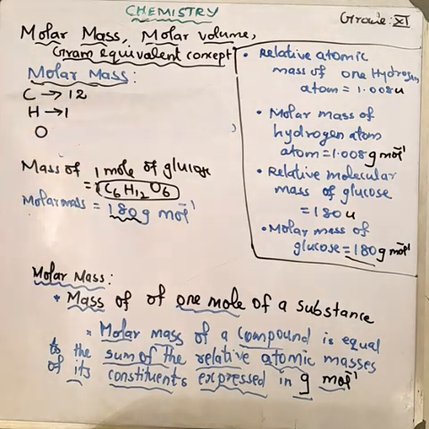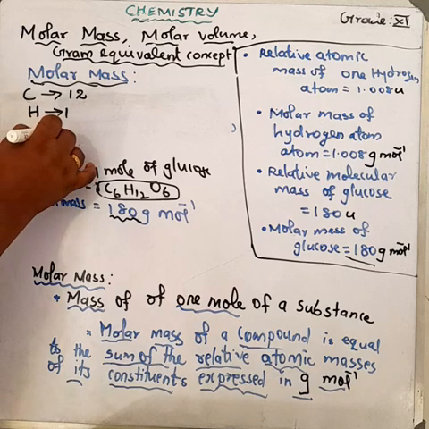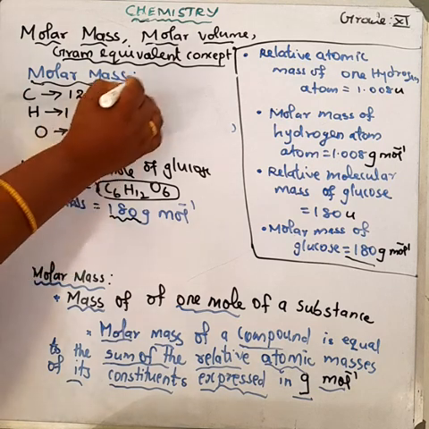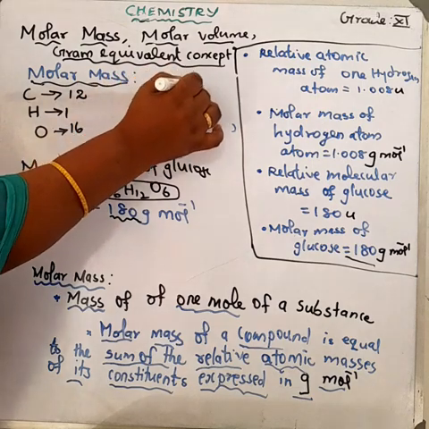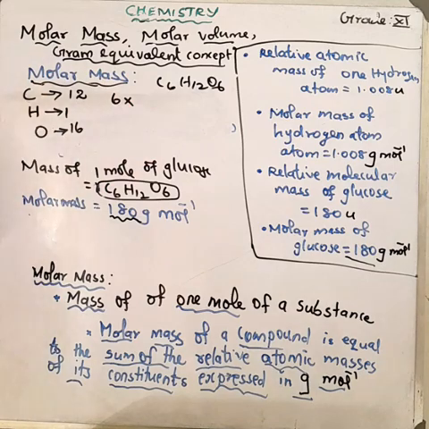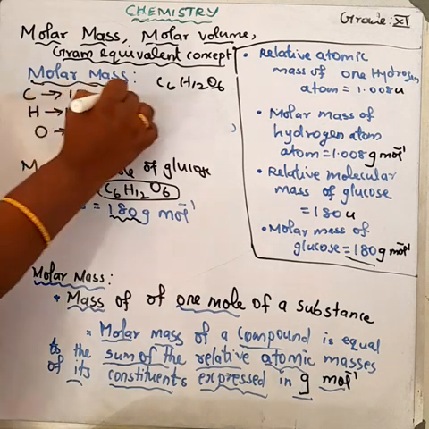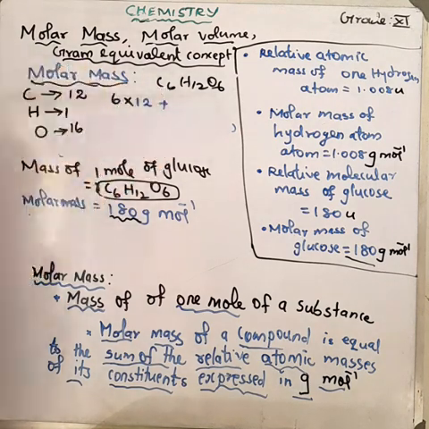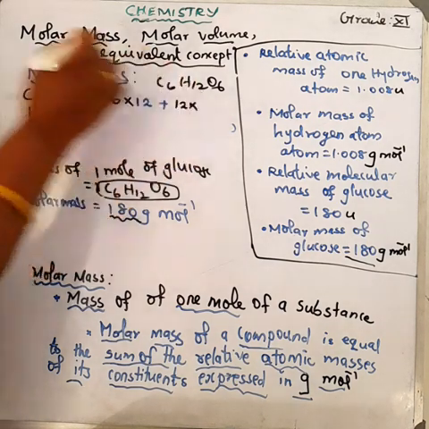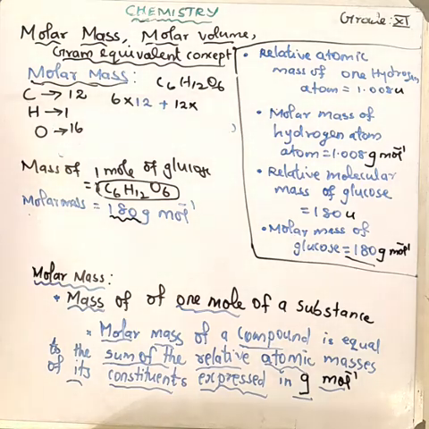The relative atomic mass of hydrogen is 1, and of oxygen is 16. How many carbon atoms are here? 6 carbon atoms. So 6 into 12 plus hydrogen, how many hydrogens? 12. So 12 into 1 plus oxygen.